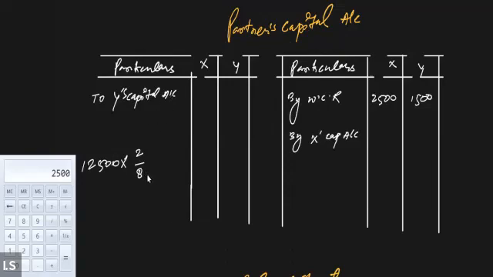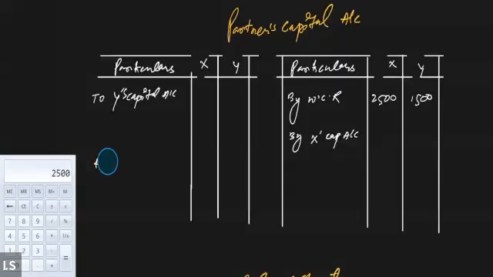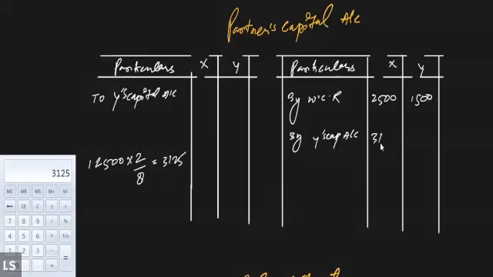So 12,500 into 2/8. This will be 3,125, right? Yes. X is gaining 3,125.